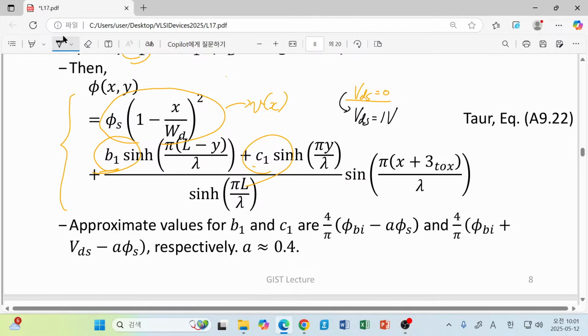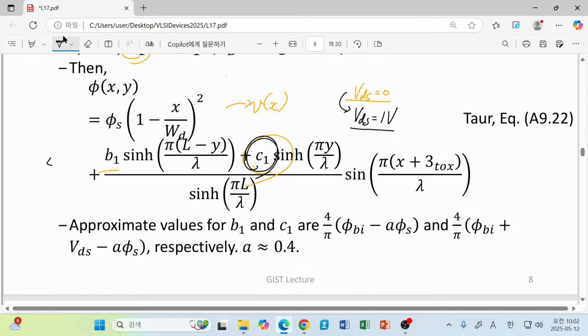The answer is, since you have increased your VDS value, this C1 value is affected by this new VDS value. Your B1 value doesn't change at all, because it is affected by your source voltage, and the source voltage is kept the same.